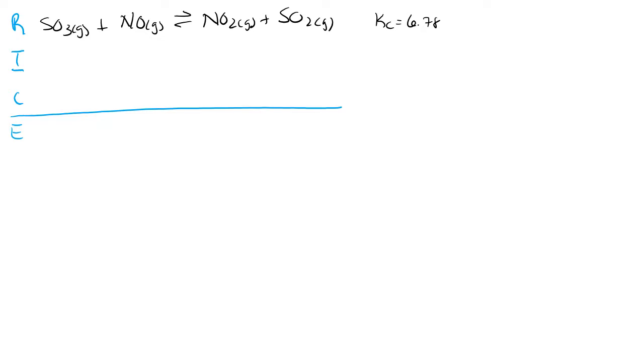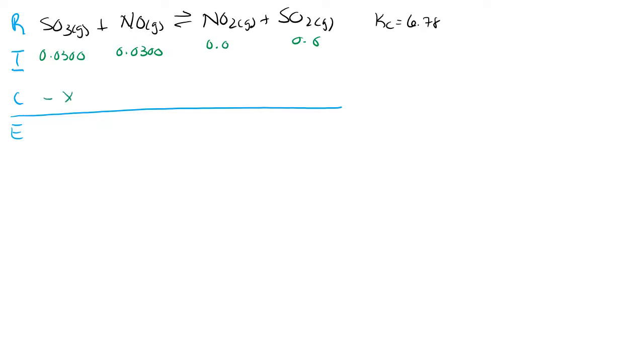So if the initial concentrations of NO and SO3 were both 0.0300, our products are 0. What would be the equilibrium concentration for each component? So now we have to apply our algebra.